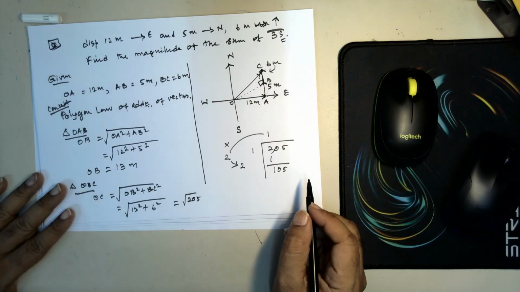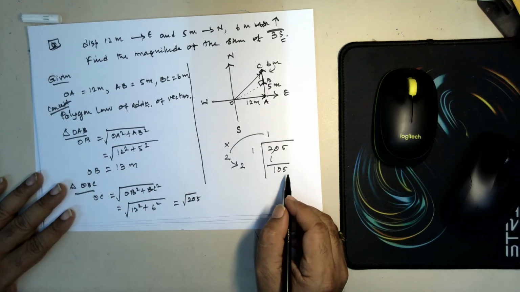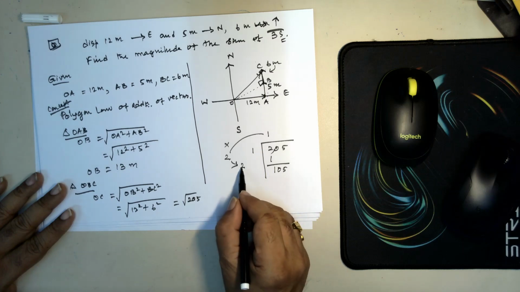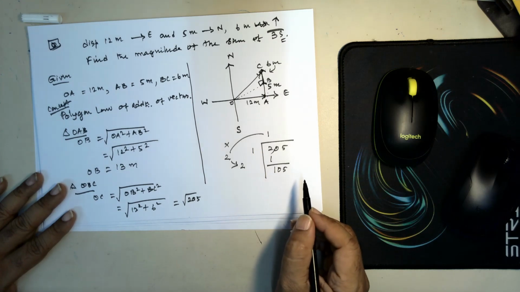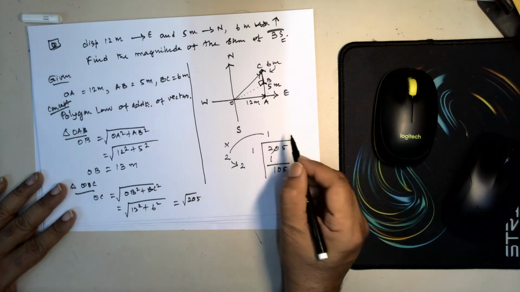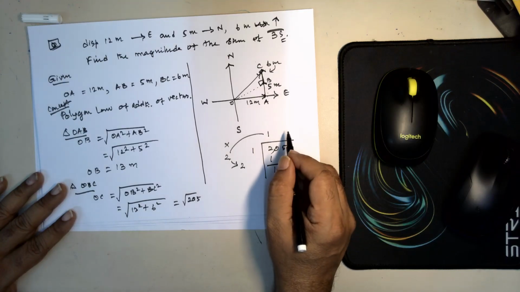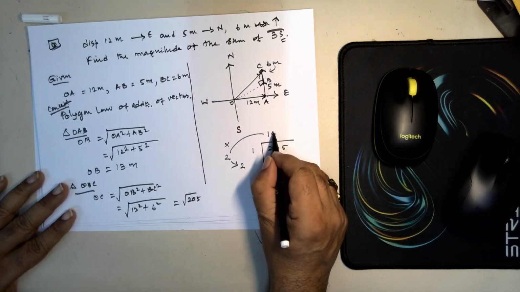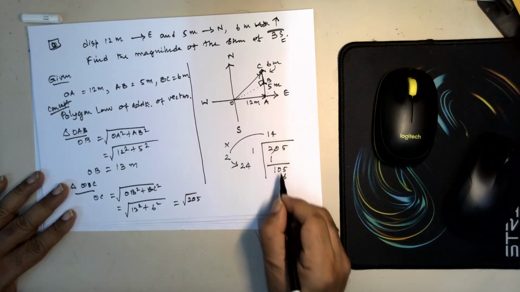What could that be? If you put 10 you have to include this 2 compulsorily. We can take 4. Shall we try? Okay, 4. So 4 fours are 16, 8, 9.